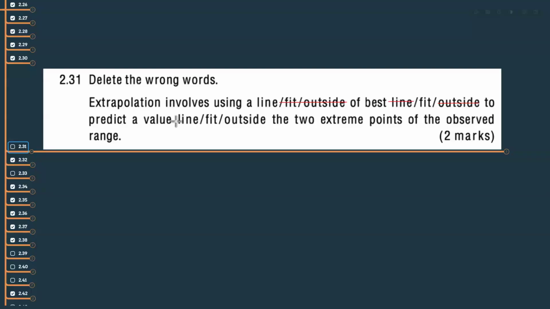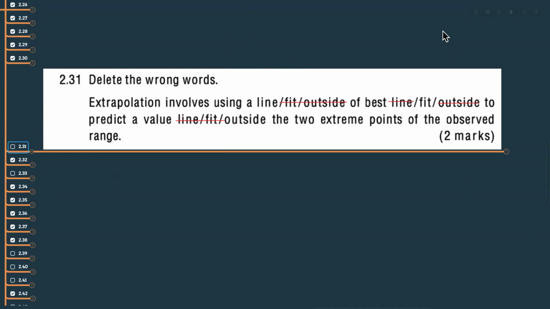So we can cut this outside, the two extreme points of the observed range. So this is how it should be. Extrapolation involves using a line of best fit to predict a value outside the two extreme points of the observed range. Right? So this is what it should be.